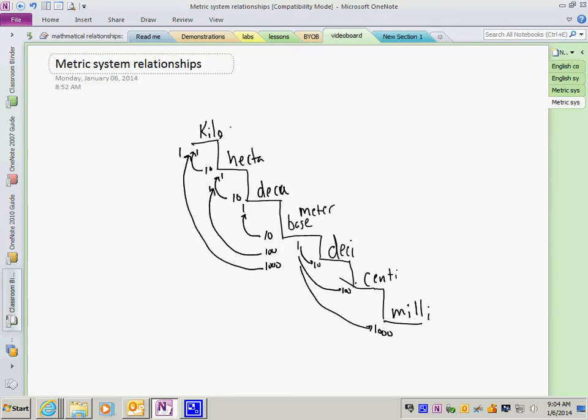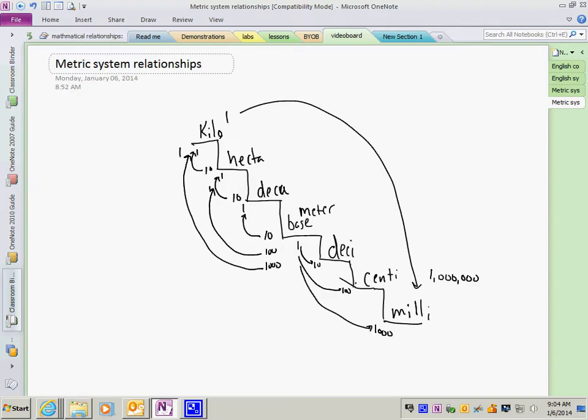In that case, 1 kilo equals 1 million millimeters. Again, I'm using meters here, but you could use grams, liters, joules. It doesn't make a difference. 1 million millimeters equals 1 kilometer. 1 million grams equals 1 kilogram.